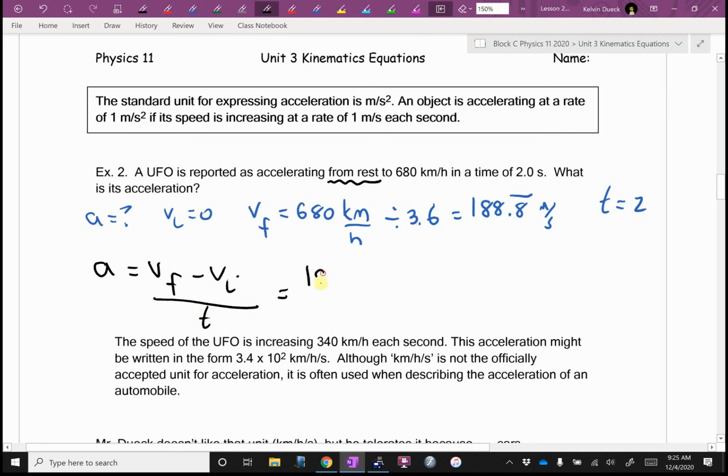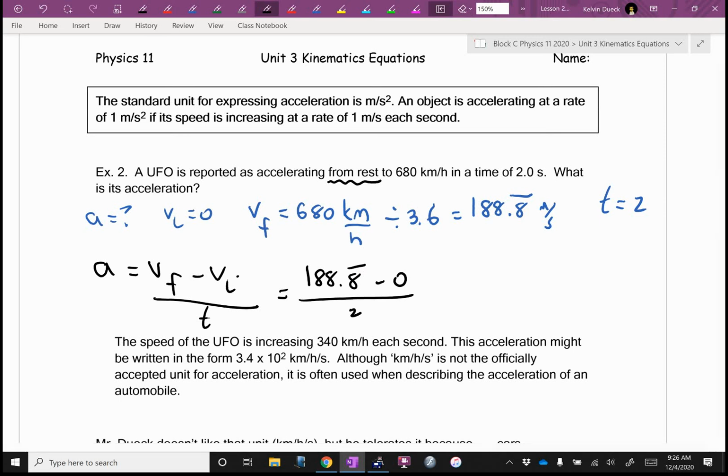I'm going to write 188.8 repeating. What button am I going to use on my calculator right there? My answer button. Minus 0 all over 2. By the way, does the minus 0 make a difference? No, but if you type it in, is this a fraction? Yes. Is there more than one thing on the top? Yes.